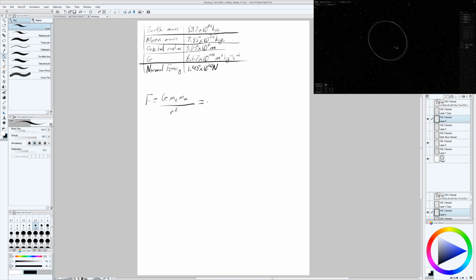Now that is equal to 1.98 times 10 to the 20 newtons. However, we can then go, okay, force G, and then 2 mass of Earth, mass of the Moon, over R squared is equal to 2 times 1.98 times 10 to the 20 newtons, which is equal to 3.96 times 10 to the 20 newtons.